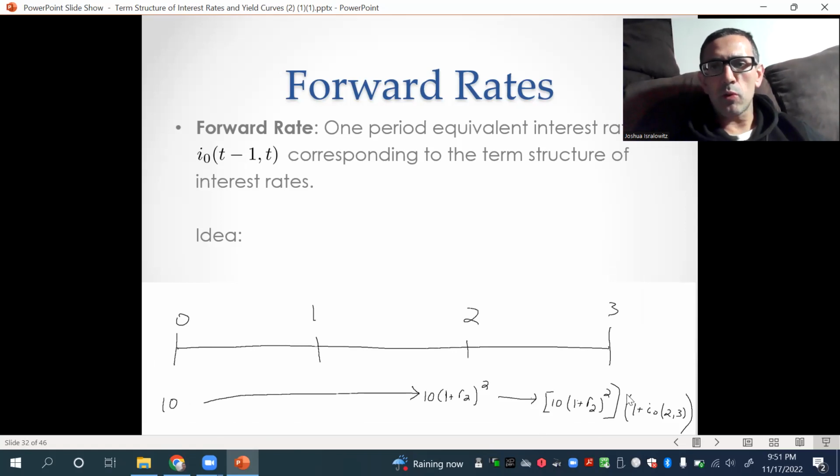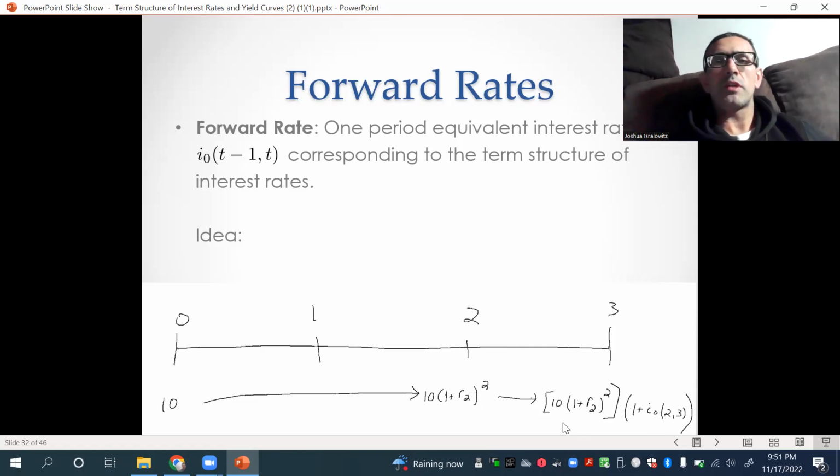So in other words, if we have this interest rate from year 2 to year 3, then 10 times (1 plus R2) squared becomes 10 times (1 plus R2) squared times (1 plus this interest rate here). And this i_{0,2,3} is exactly what the interest rate from year 2 to 3 is going to be denoted by. So this is how $10 grows in 3 years.